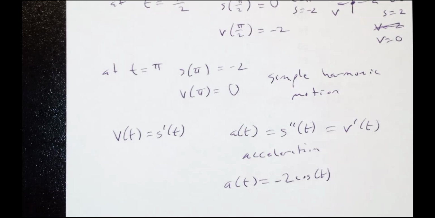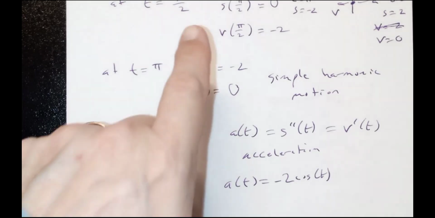I started all the way over here on the right. My velocity is positive, my acceleration is 0. So I start moving. At time pi over 2, my position is 0. What's my acceleration? We didn't do it up here, but we could.